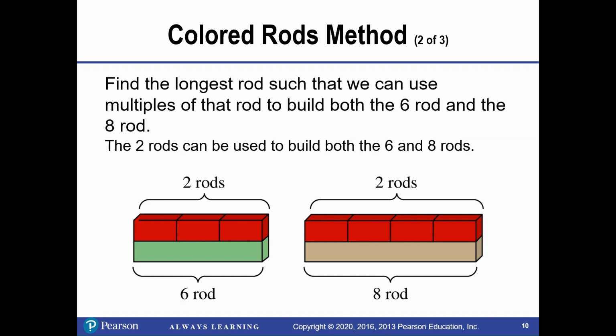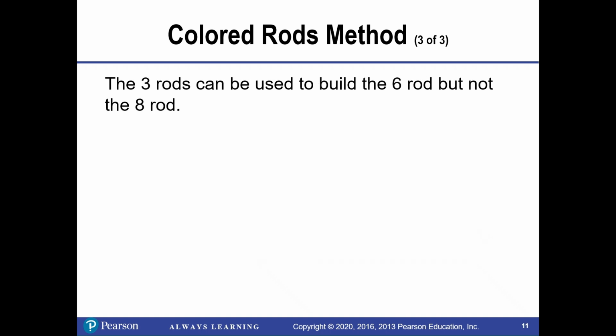We can use the 2 rods to build both the 6 and 8 rods. So we would use three 2 rods to build the 6 rod, and we would use four 2 rods to build the 8 rod. So we need to determine that the 2 rod is the biggest rod we could use to build both the 6 rod and the 8 rod.